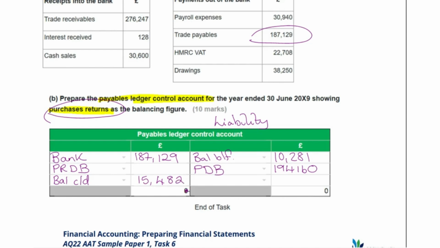We can now total it off, which you would have the totals already in your exam. And our balancing figure to balance it all off will be our purchases returns of 1,830, which you would then see that both of these match. And that completes task 6.